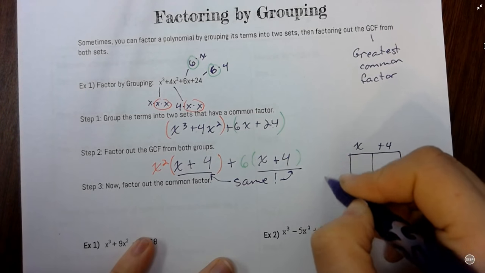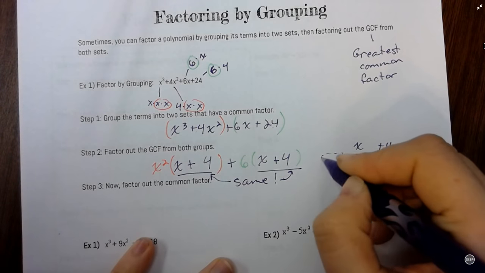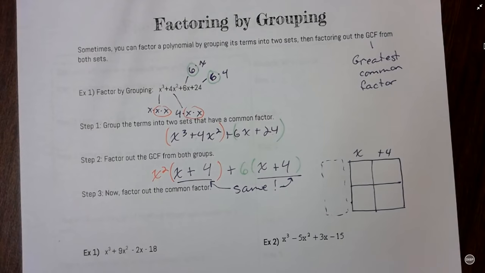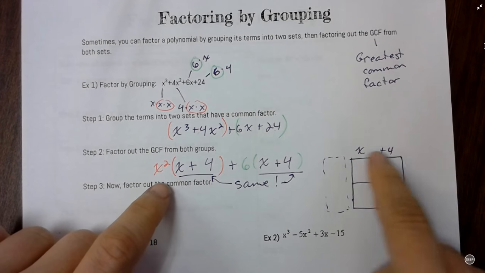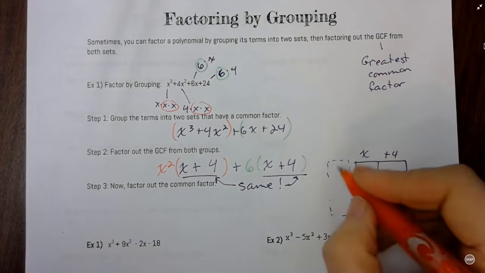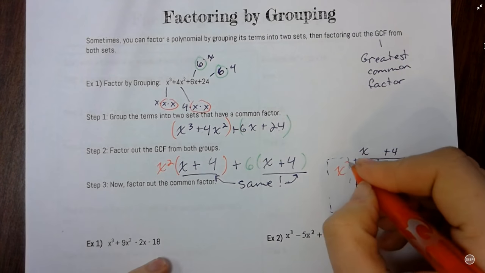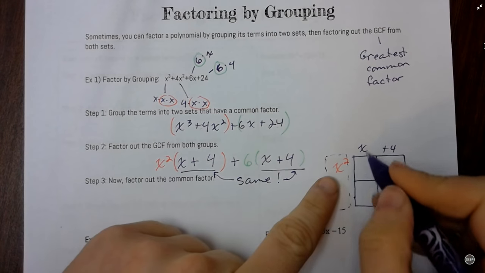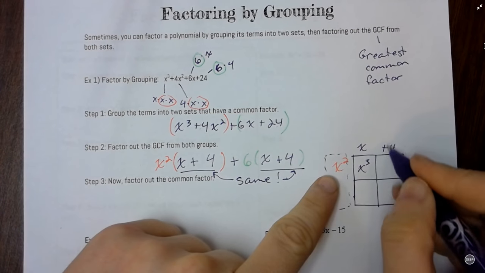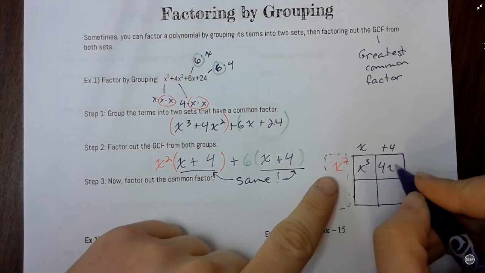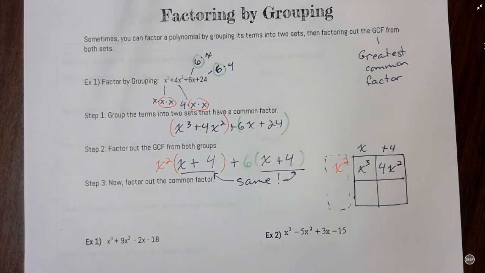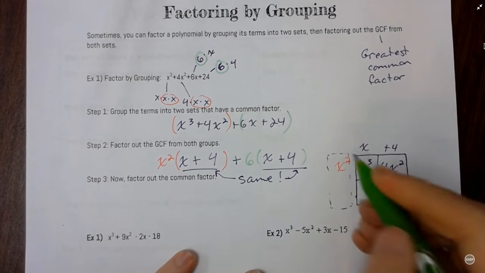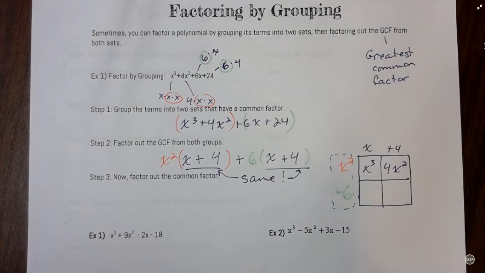And now I need the other one, which is going to be right here. For the other one, notice I'm taking x plus 4 times x squared, and that's how I get x to the third and 4x squared, just like that. And then I'm taking x plus 4 times 6, so this must be plus 6.